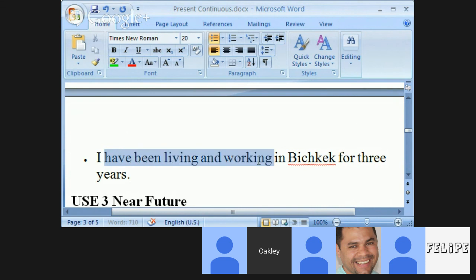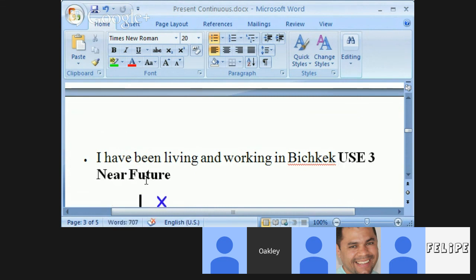This is what I've done here: I've created a present perfect continuous, because we use a present perfect to explain that something happened up to now, has a strong relationship to now. Okay. Because of this 3 years. That's the problem.